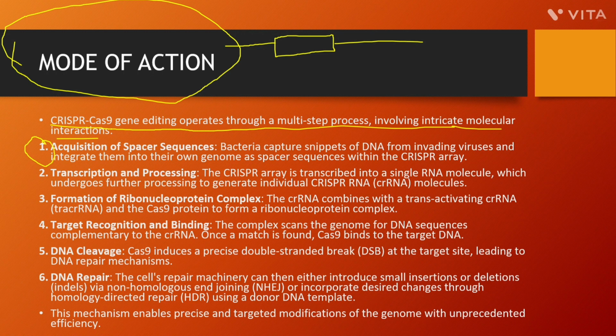As I have mentioned earlier, when the viral DNA enters the cell, the bacteria will capture a copy of the viral DNA, and through transcription it will synthesize the corresponding RNA sequence, and the Cas9 protein will come and attach to it.